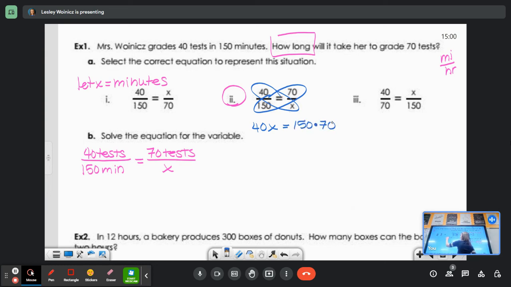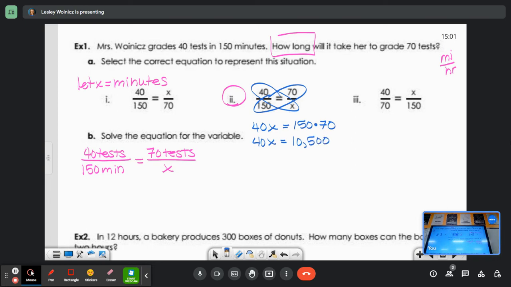Okay, somebody help me out. I don't know what that is. I've already forgotten. I've done this twice today and I forgot. What is it? 10,500. Okay, so 40x equals 10,500.